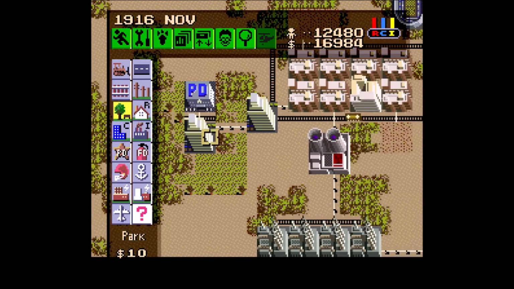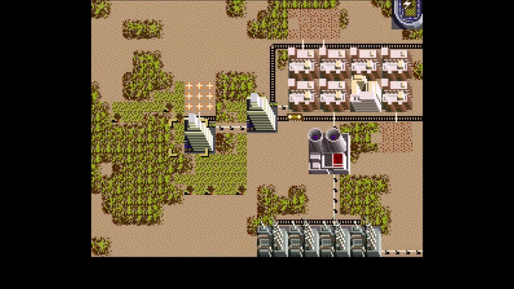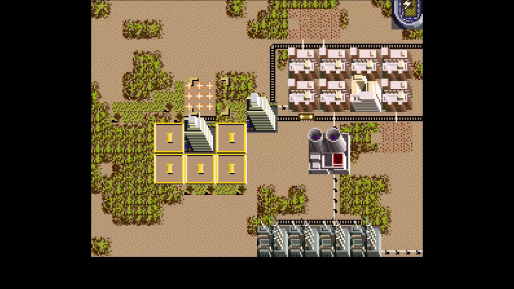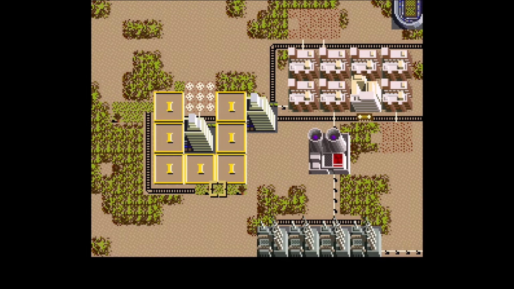But now that it's a fully developed commercial zone, I can literally bulldoze that police department, and I could even go as far as doing this. So let's give these some rail.